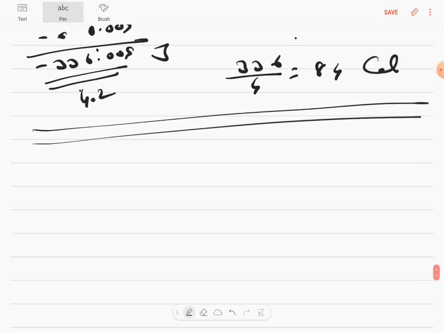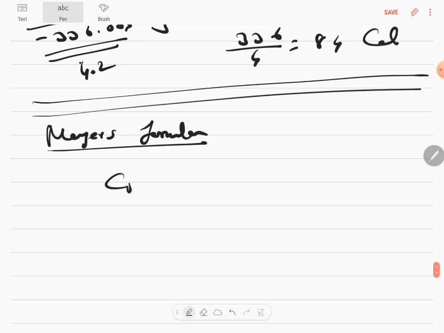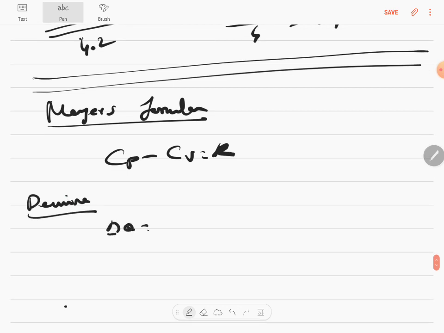So next, I taught you what is Mayer's formula. The Mayer's formula is Cp minus Cv is equal to R, and how to derive it? The basics of it is the first law, where delta Q is equal to delta U plus P into delta V. This is specified at constant pressure.